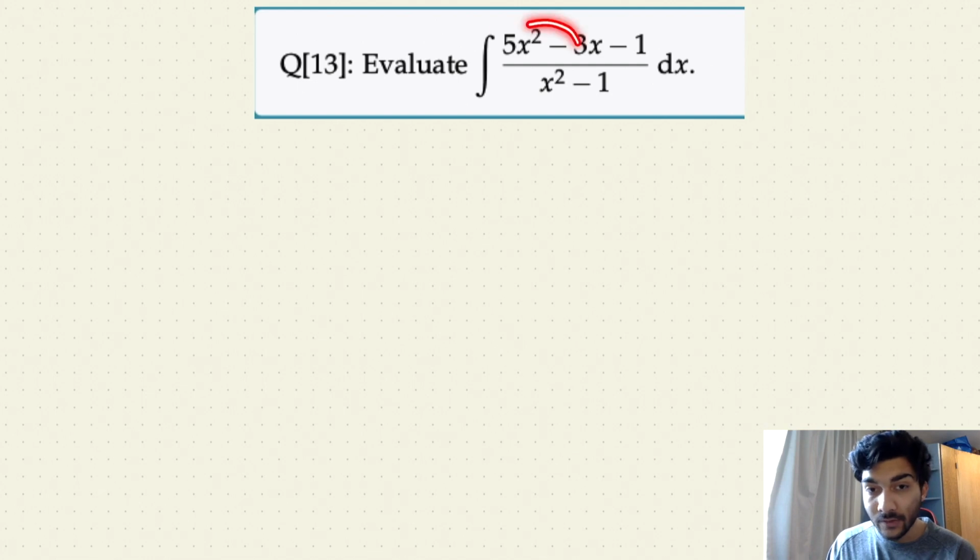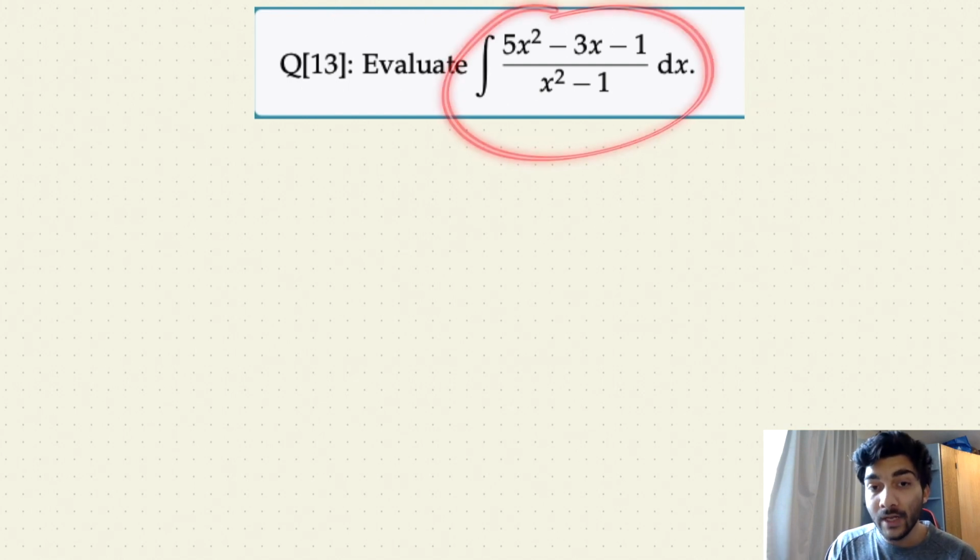So since you have an x square expression in the denominator, in this case you will have to simplify this expression, and after simplifying this expression you can have either a constant term in the numerator or also a linear polynomial in the numerator, because you are only allowed to have polynomials of degree at most 1 in the numerator in this case, right?